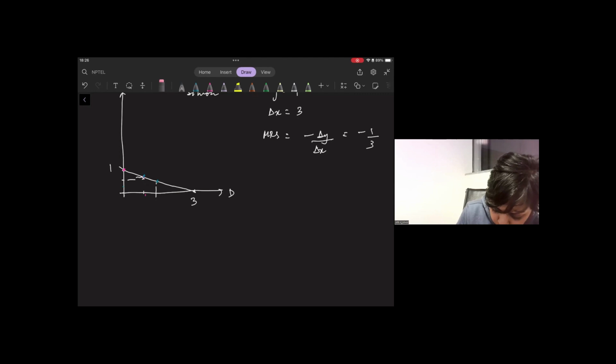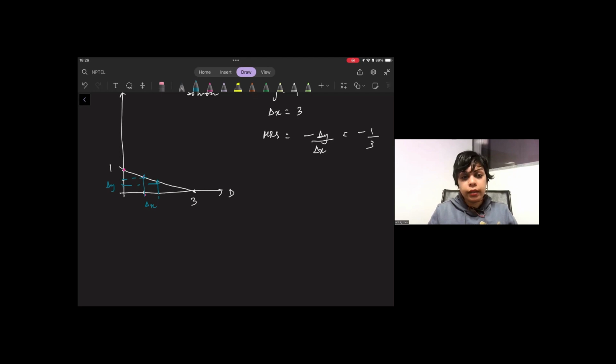Let me redraw that, it's getting messy. So if you travel along the indifference curve, you can see this is delta y and this is delta x. Obviously, when you're traveling down the indifference curve, there is a bigger change in x compared with y, which you can see in the diagram just by drawing 2 points on the line.